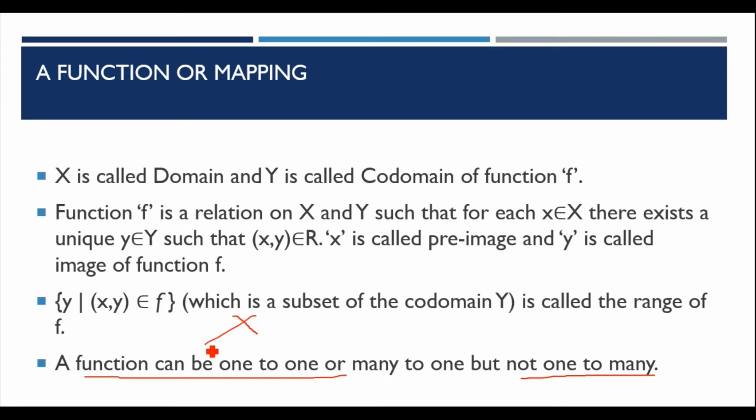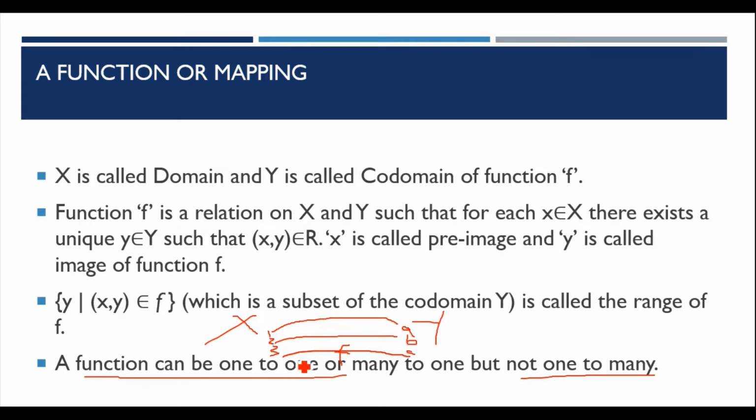For example, we have here X and Y. The elements under X are 1, 2, and 3, and for Y, we have A, B, and C. When you speak of a function, that could be, say, 1 going here, then another here, and so on. That is a one-to-one function.